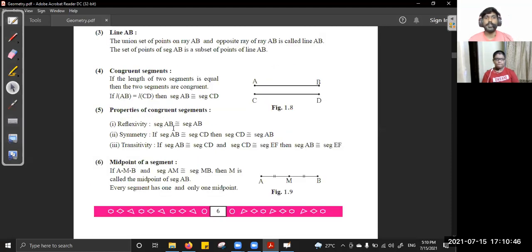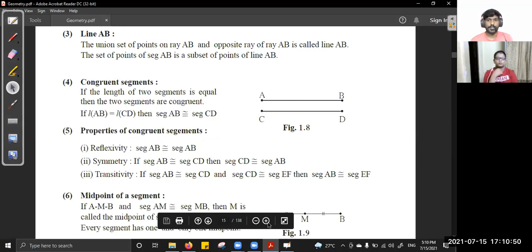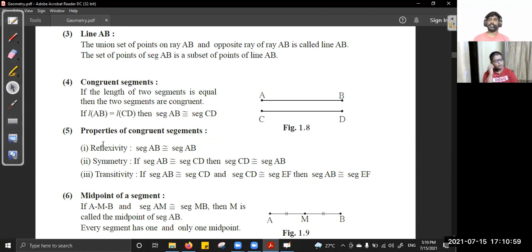Okay, then we did properties of congruent segments. The first is reflexivity, second is symmetry, and third is transitivity. Reflexivity says that every segment is congruent to itself. Symmetry: if AB is congruent to CD, then CD is also congruent to AB.